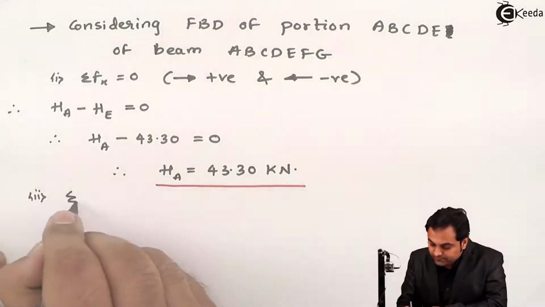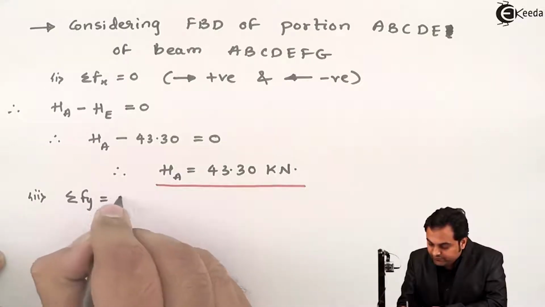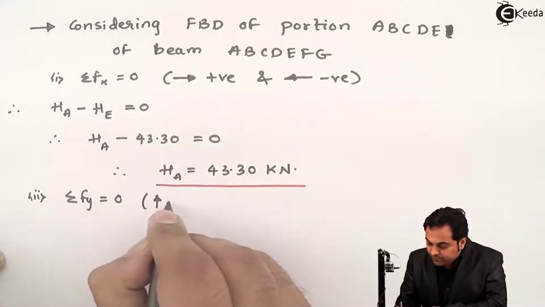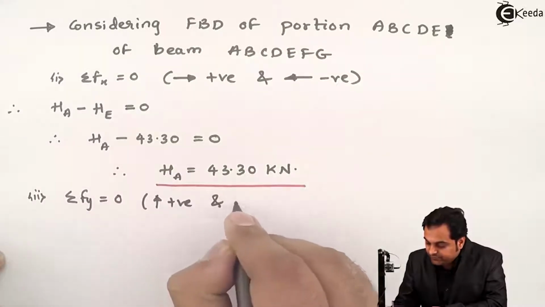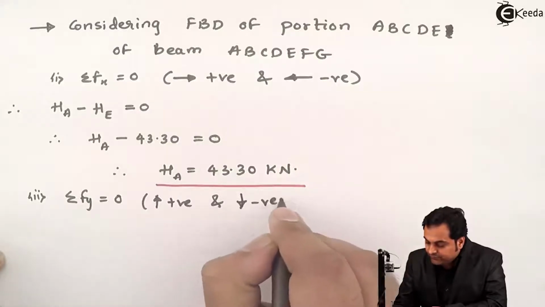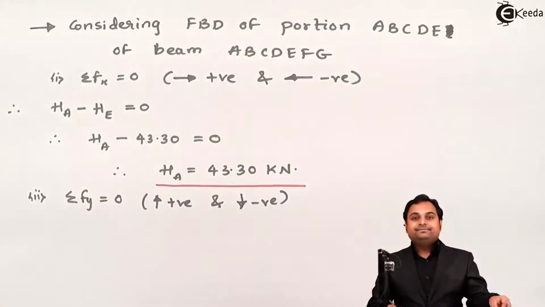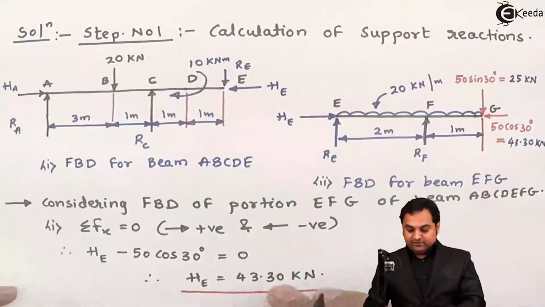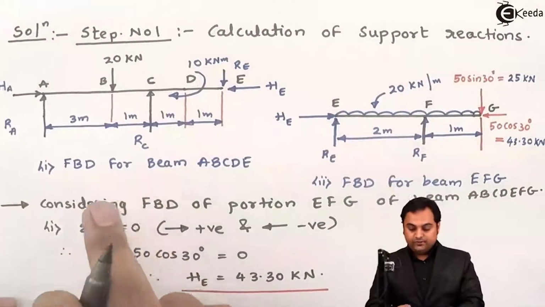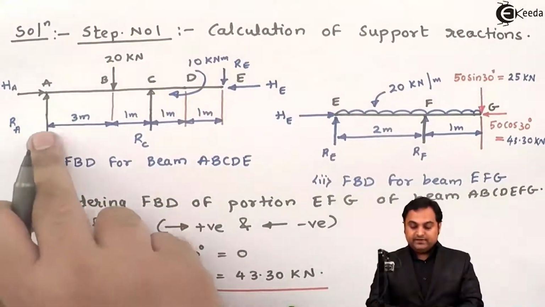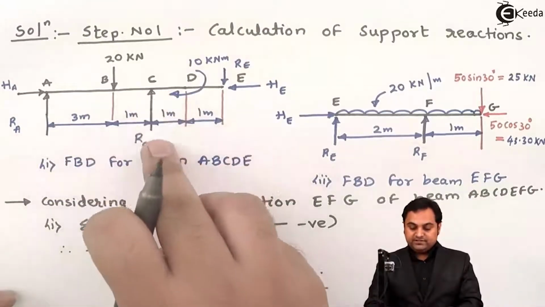Next, summation of Fy is equal to 0, where upward forces are treated positive and downward forces are treated as negative. I'm using summation Fy because we have to find the Ra and Rc values. So Ra is acting upward, positive. Rc is upward, positive.